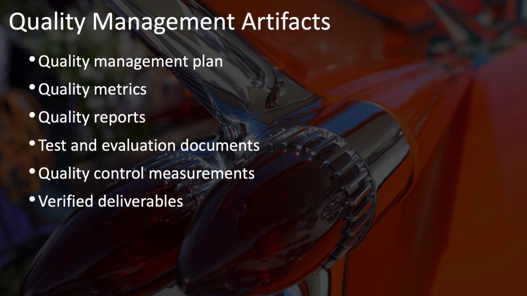Though we haven't specifically mentioned it here, you already know that each of the knowledge areas has its own process for creating that knowledge area's management plan. For example, for scope, you have the plan scope management process, which creates the scope management plan.